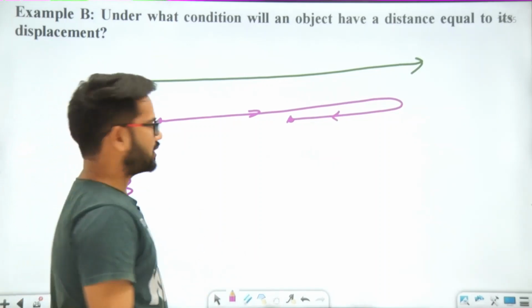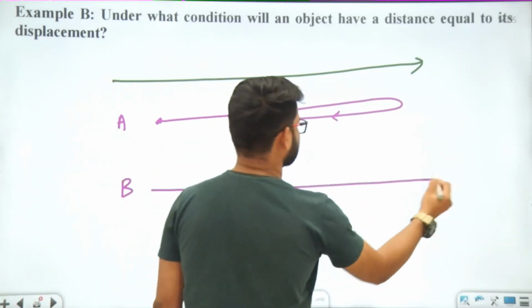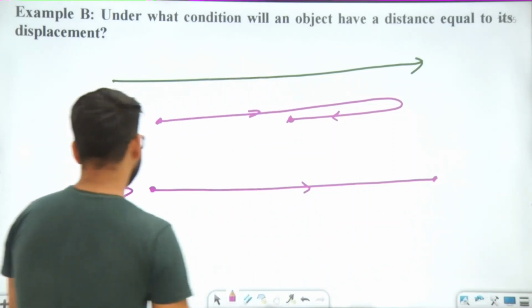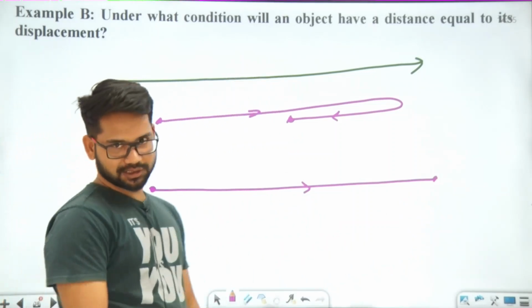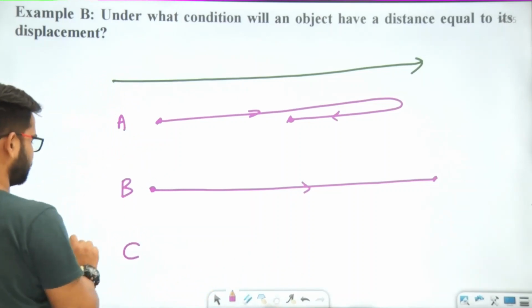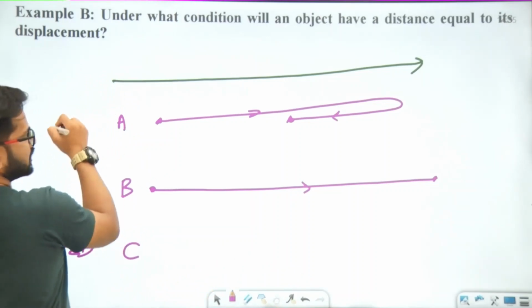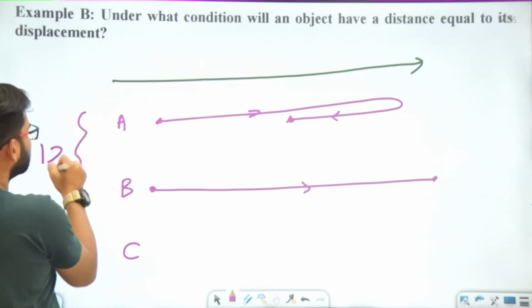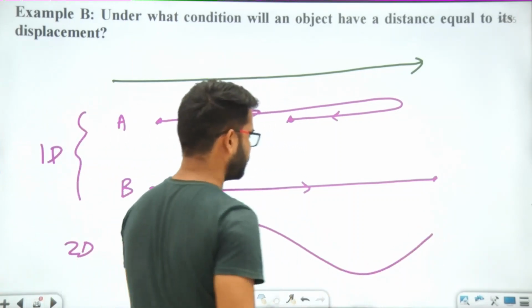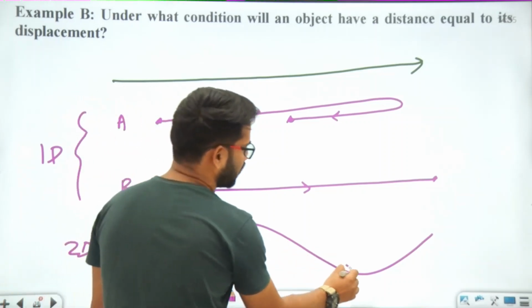Second, we can take a particle moving like this, going from here to here. Third example, students, this time not 1D, let's take 2D. Now a particle is going on this path.